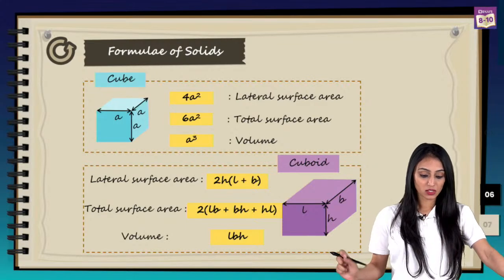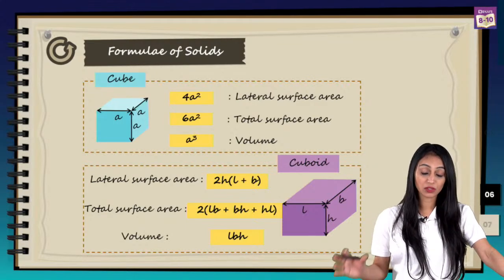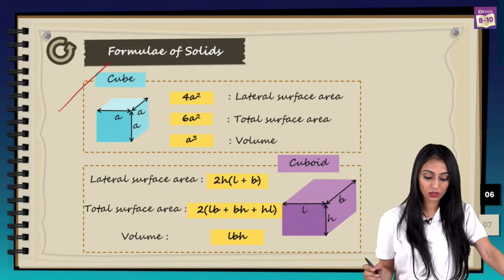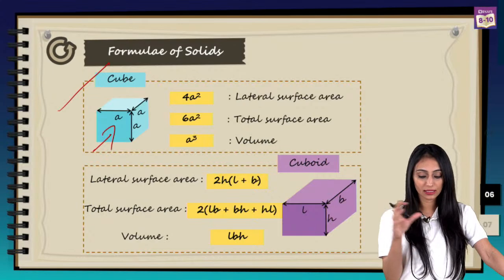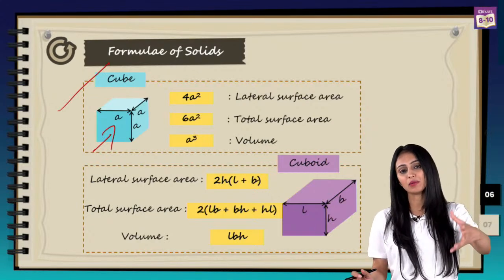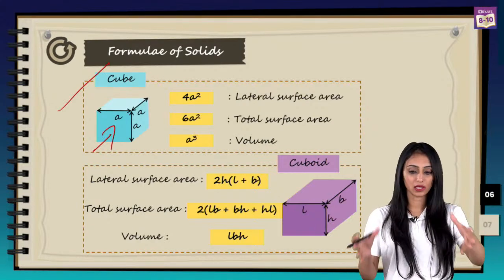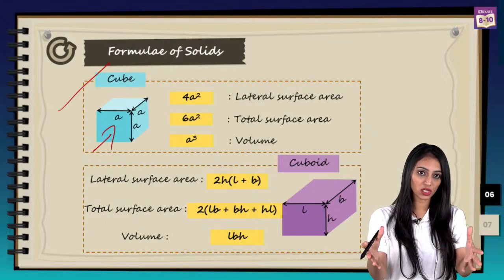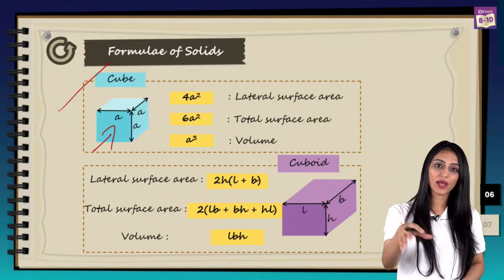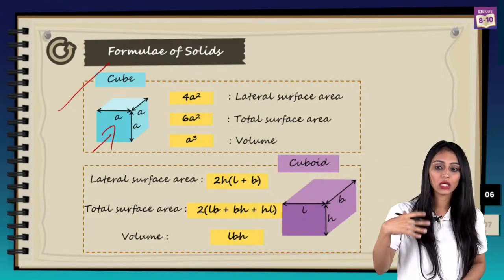Right. Okay. So here we are talking about the formulas of solids. First let's start off with the cube. We all know a cube has all sides the same. Let's say I have a square, that's a 2D shape. If I keep piling up squares of the same dimension on top of each other, we get a cube.